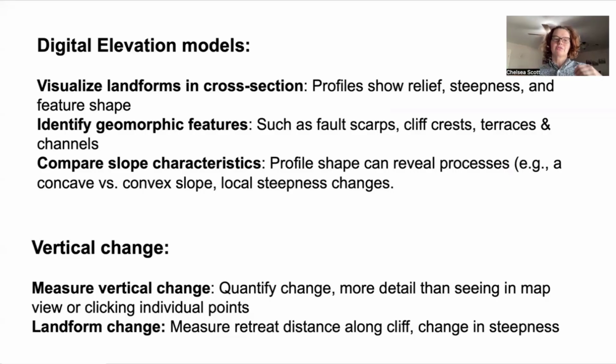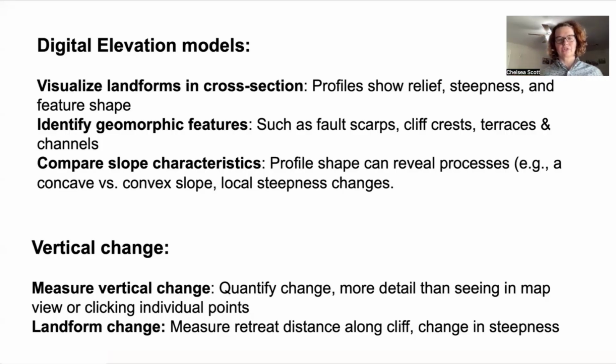We can also see the feature shape, which can give us more information about what the feature represents. And at a higher level, this helps us to identify geomorphic landforms, such as fault scarps, cliff crests, terraces, and channels, which again can give us more information about the surface processes that have built the landscape.